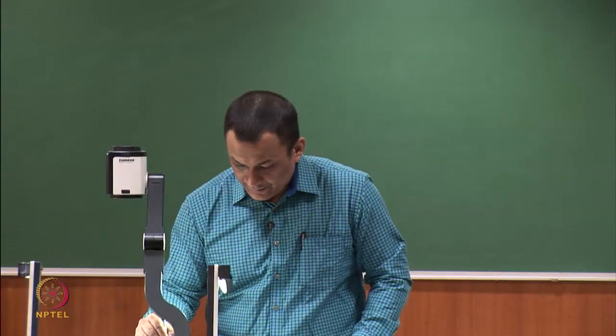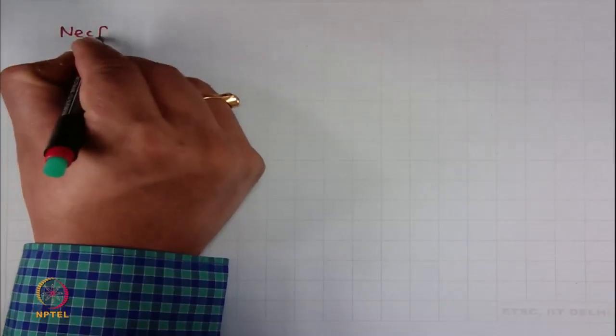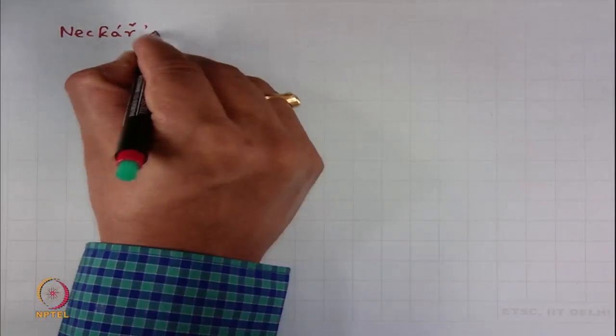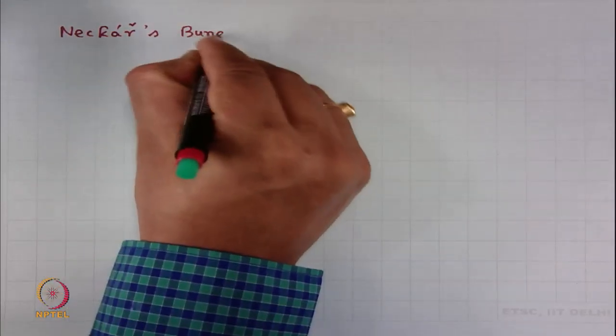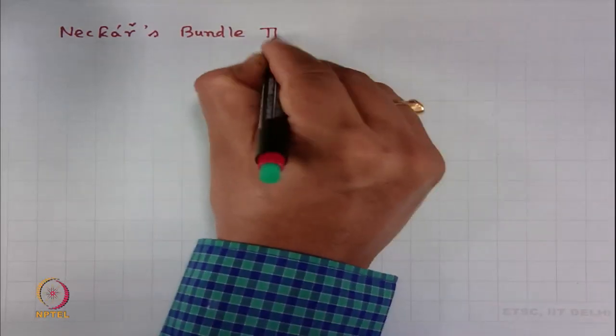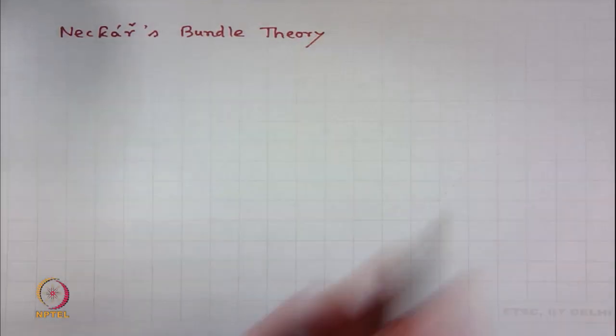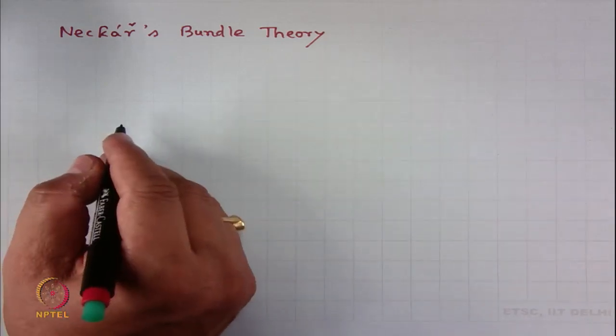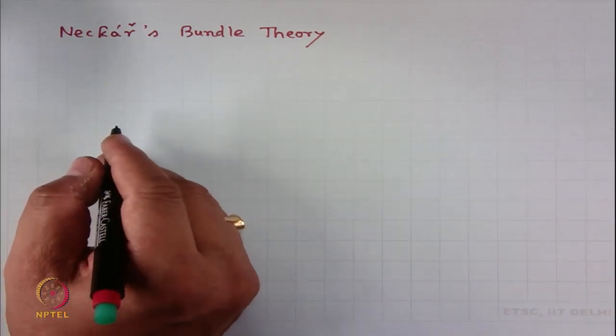Now, we have to use Nesker's model, bundle theory. Show what was this bundle theory data.